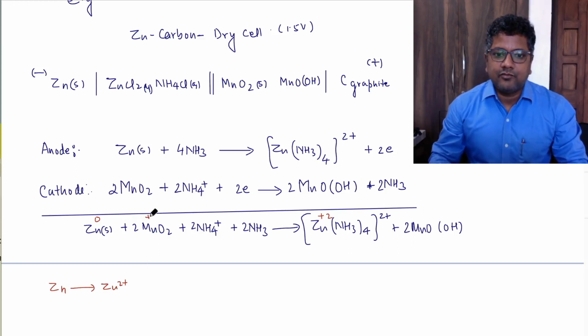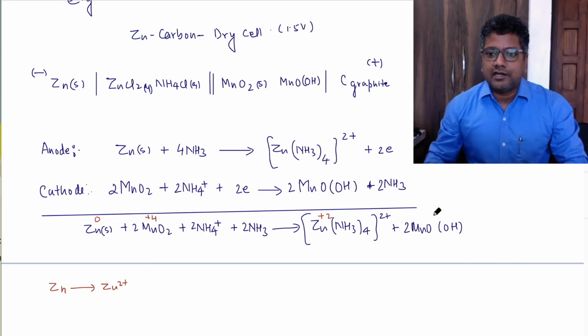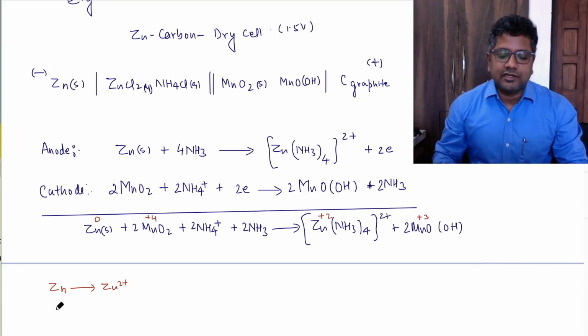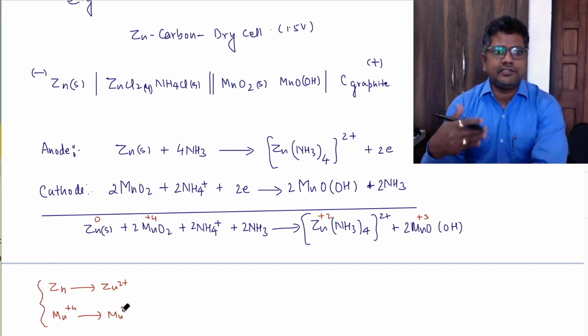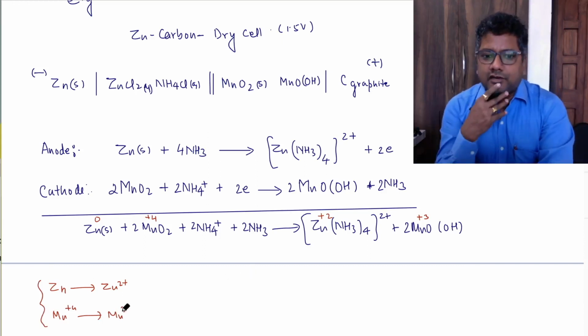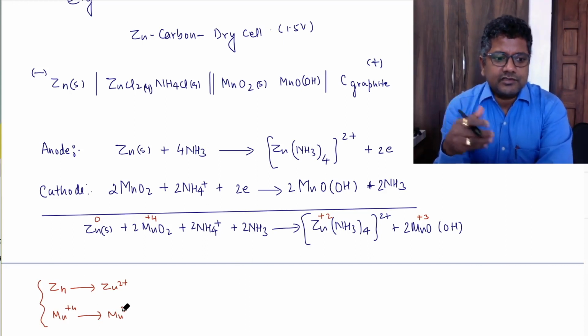Mn here is 4+, and here Mn3+, right? So Mn is converted from plus 4 to plus 3. So this is the net redox reaction, and these are the species involved in this oxidation and reduction.